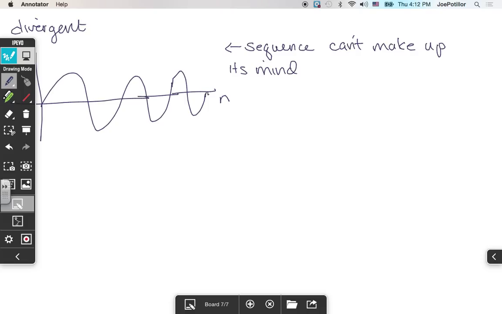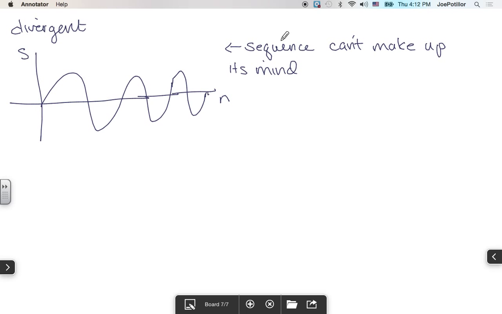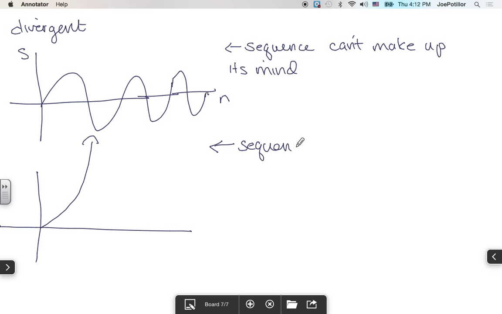It's trying to figure out where it's going, but I have no clue. The sum can't make up its mind. The second situation we can have in divergence is something like this. In the second situation, the sequence doesn't stop. Divergence applies to infinite sequences.